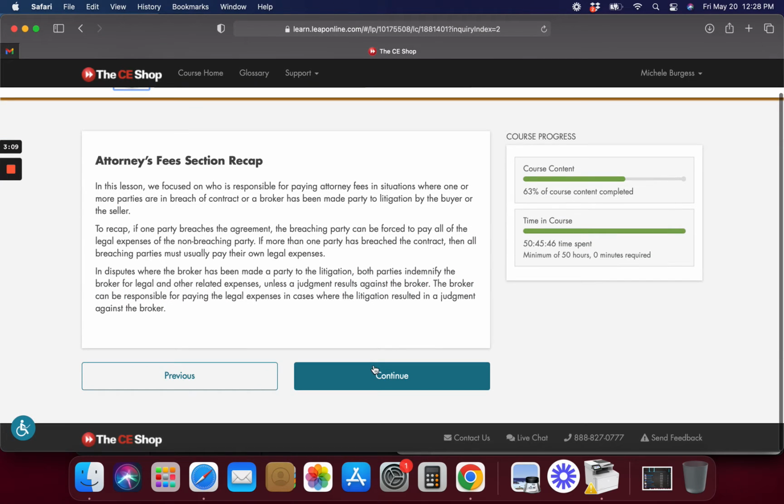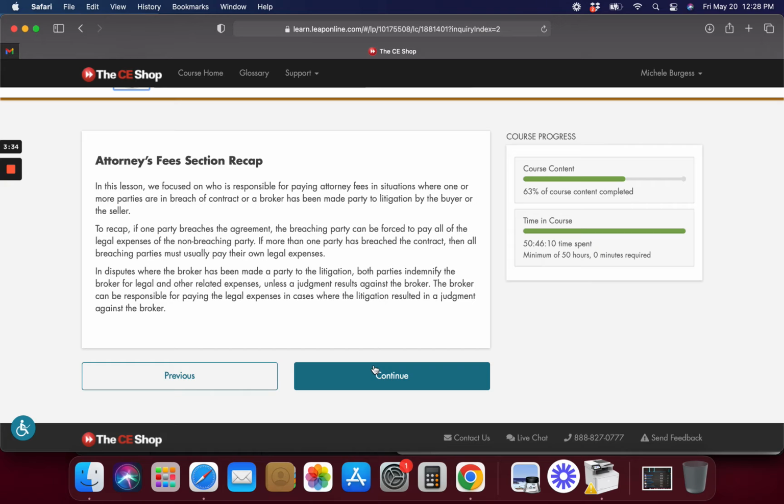All right. To recap, if one party breaches the agreement, the breaching party can be forced to pay all of the legal expenses of the non-breaching party. If more than one party is breached, then all the breaching parties have to. Where the broker has been made a party to the litigation, both parties indemnify the broker for legal and other related expenses, unless a judgment results against the broker.